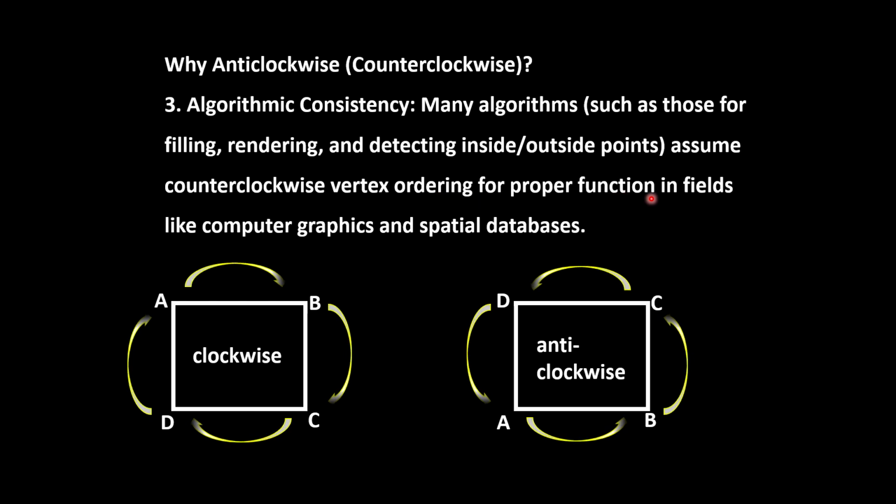So in the fields of computer graphics and spatial databases, if you want to fill the inside of this rectangle with blue color and the outside with red color, the computer must know, the algorithm must be very clear whether a point is inside or outside, the point where you want blue color and the point where you want red color.